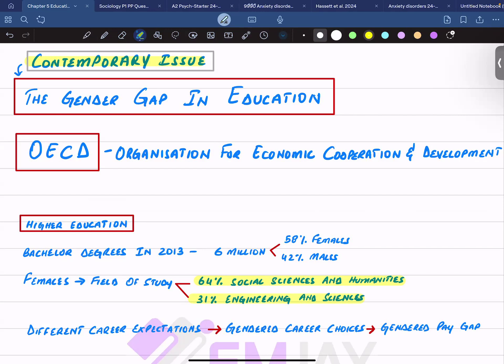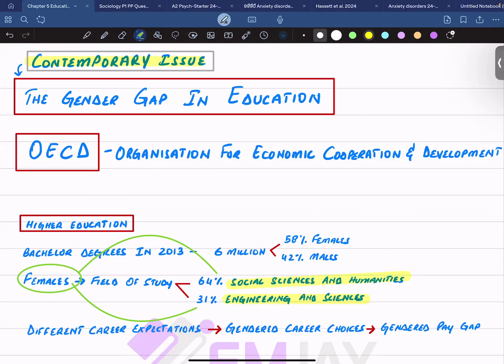So we're talking about females. I just mark it over here so that it's easier to understand. This is what we're talking about here and here. Now, if we talk about the field of study, 64% of females opted for social sciences and humanity, and only 31% of females opted for engineering and sciences.